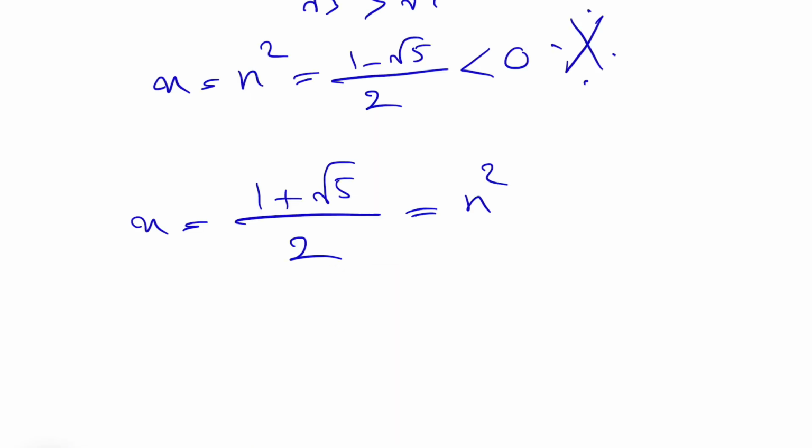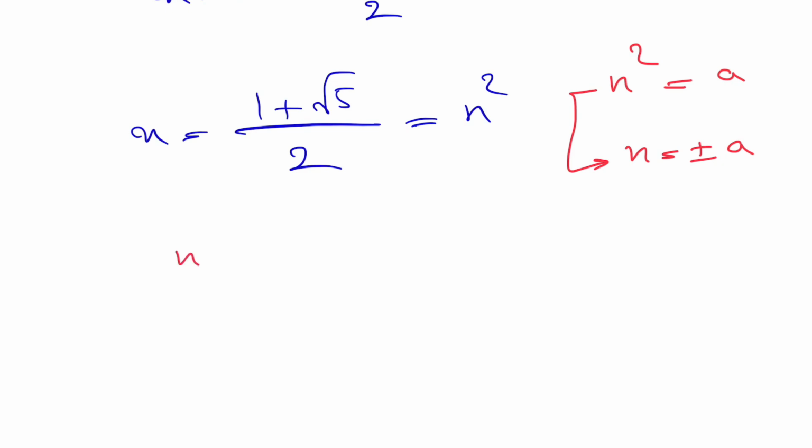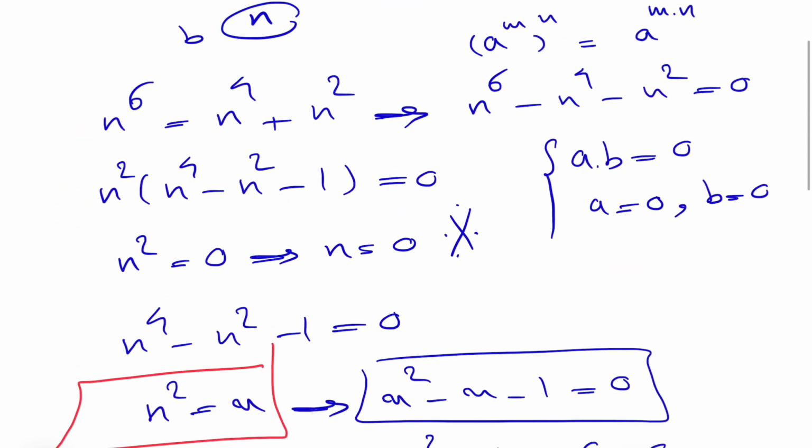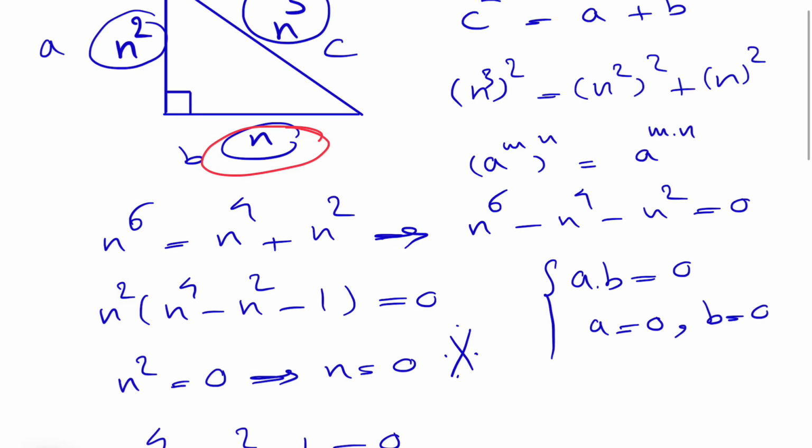So if n squared equals this value, then n will be plus or minus the square root of 1 plus square root of 5 divided by 2. Again, the negative value won't be acceptable because one of the sides of our triangle is n, so this cannot be a negative amount.